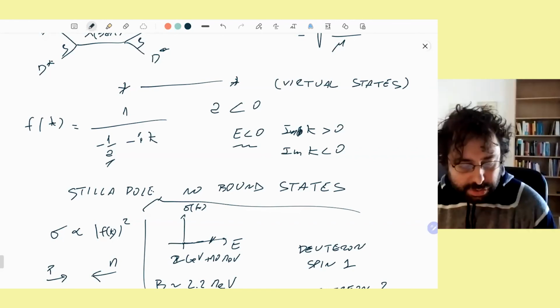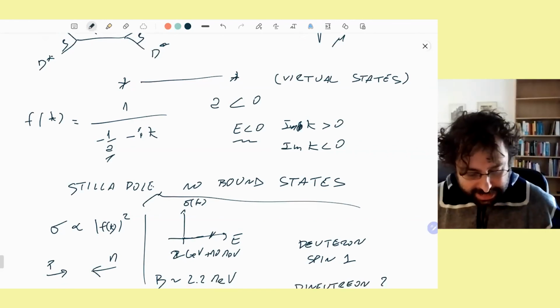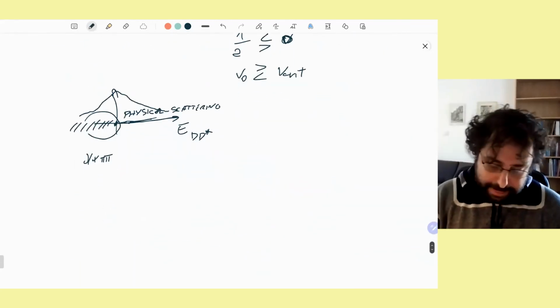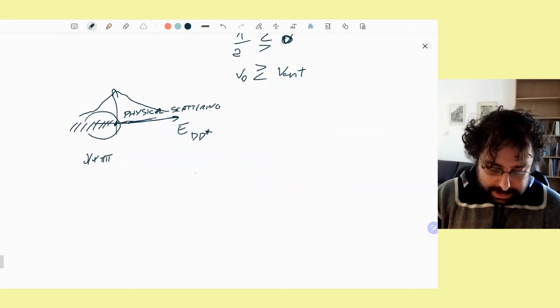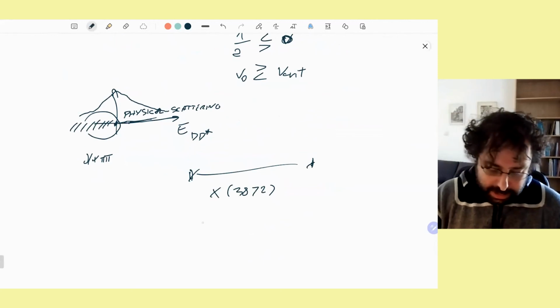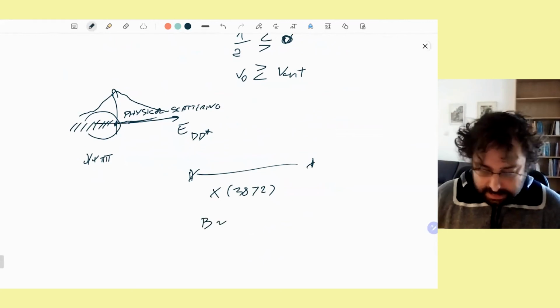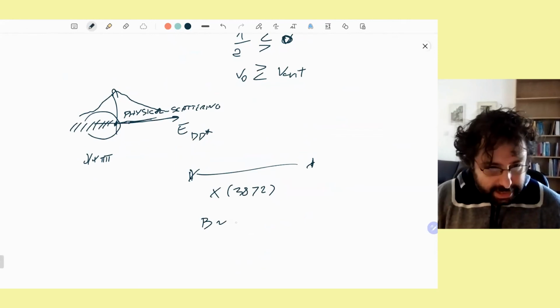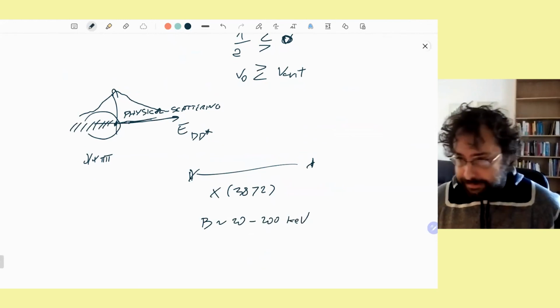Well, it's all a matter of scales, right? The problem here is that the binding energy, if I think of the X, okay. So now let's put numbers for the X. For the case of the X, you have only upper limits on the binding energy, but let's say you have reason to believe this is 20 to 200 keV.